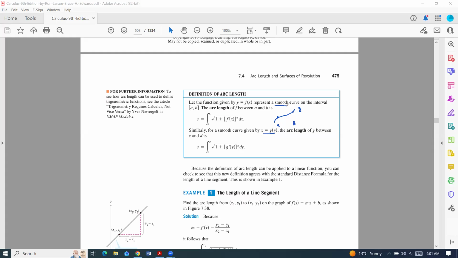Smooth curve means you can find the derivative, so it doesn't have any spikes or breaks or any other things, where we cannot differentiate it at these bad points. Smooth curve means it's differentiable on interval a to b. That's, I guess, the key part here, because otherwise there is no point to talk about that.